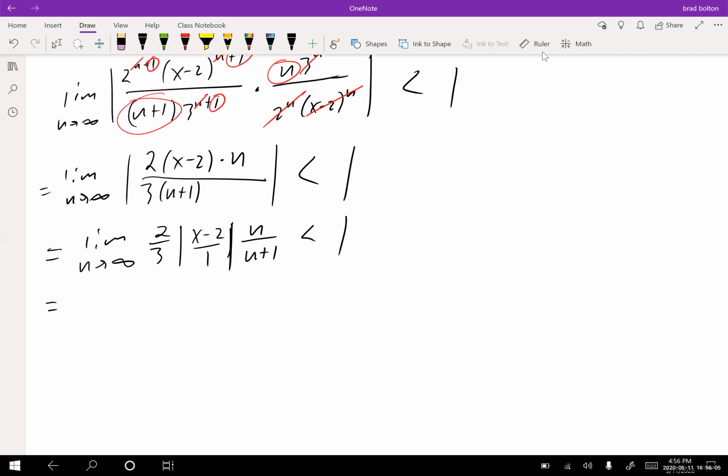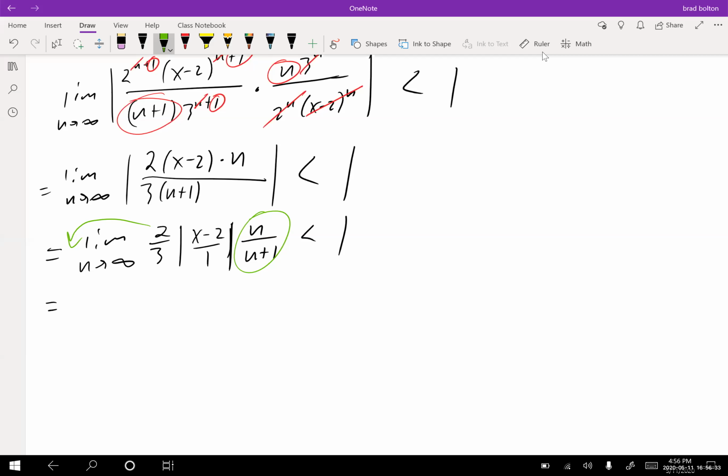Now hold on a second. You guys know that technically I'm supposed to take the limit of each piece, right? But I'm just going to kind of cut to the chase. If I take the limit of this, because that has all the n's in it, I could technically take the 2/3 out in front of the limit. And we know that when you have same powers and you're taking the limit as n approaches infinity of a rational expression, you can just take the leading coefficients and divide them.